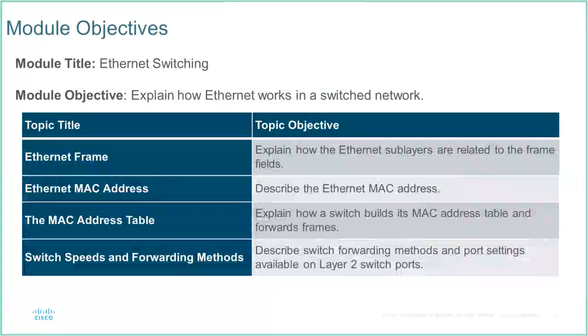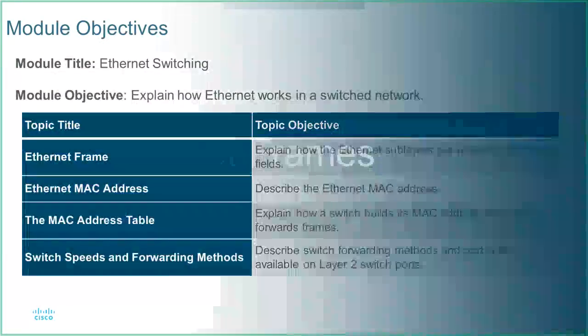Here we'll have a look at how the Ethernet frame is made up, how the MAC addresses work, how switches build a MAC address table that it uses in decision making on how to forward frames, and we'll look at the two main forwarding methods used by switches within Ethernet.